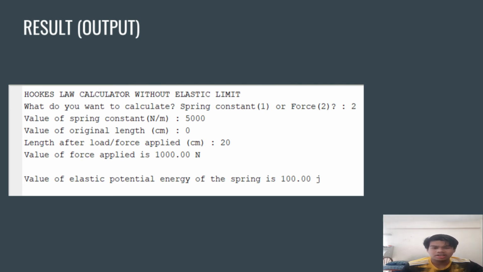For the original length, the question gives an extension of 20 cm, so we enter 0, and for the length after the load, which is the extension, we enter 20. After calculation by the MATLAB project, the value of the force applied is 1,000 newtons. MATLAB also calculates the elastic potential energy, which is 100 joules.